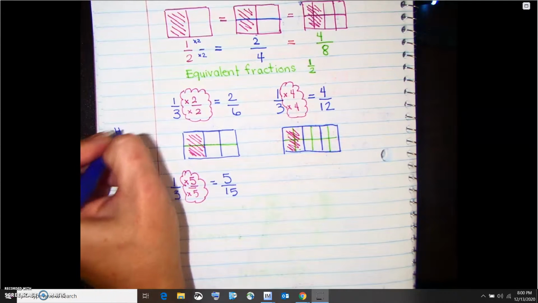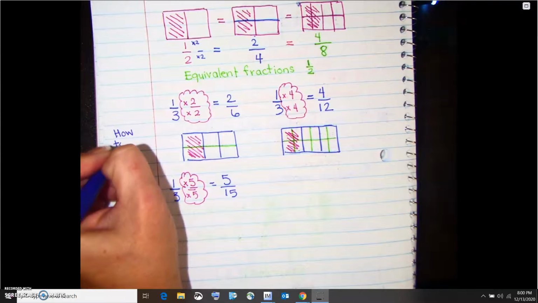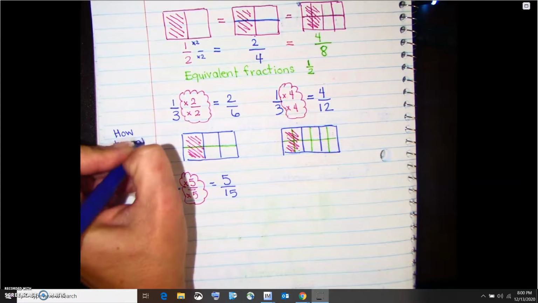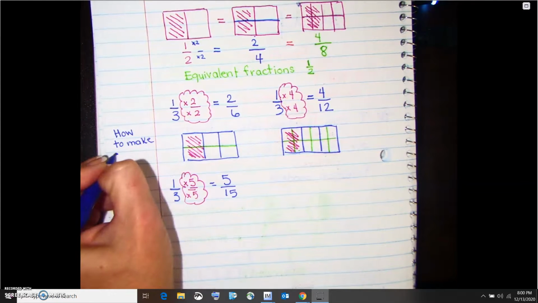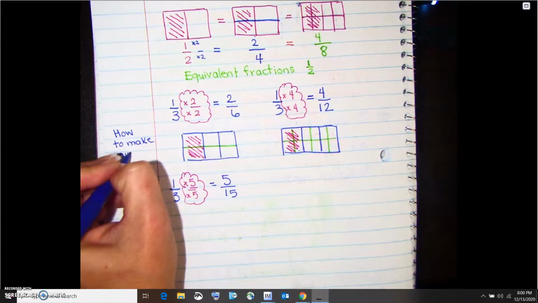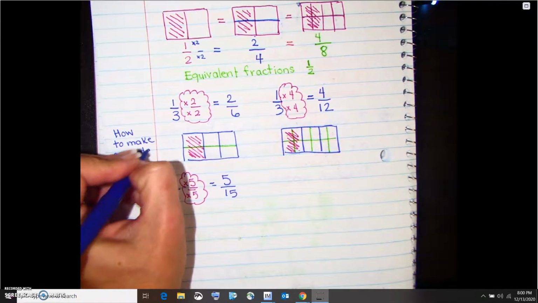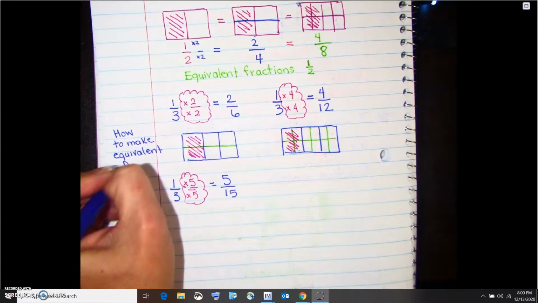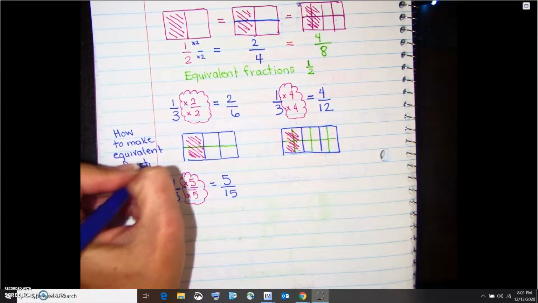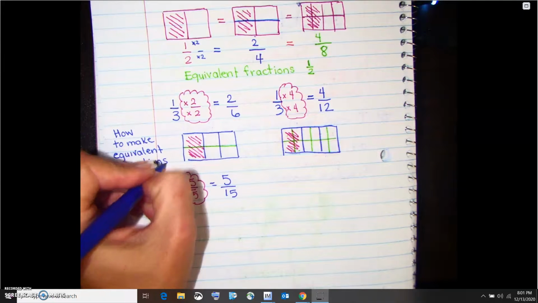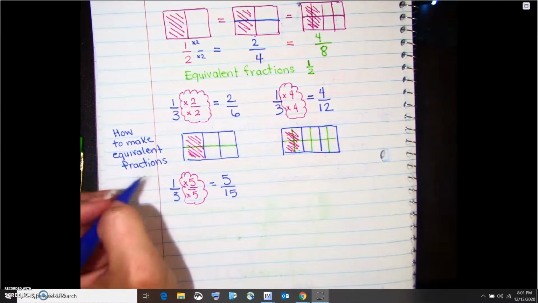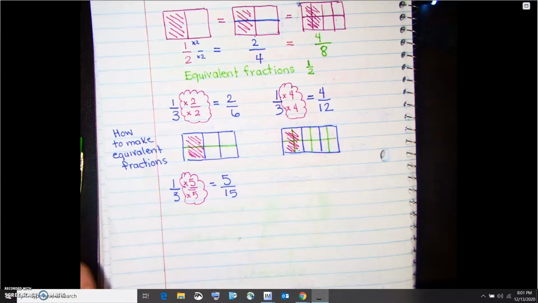This is how to make equivalent fractions. Remember, that means the same. And we are using multiplication.